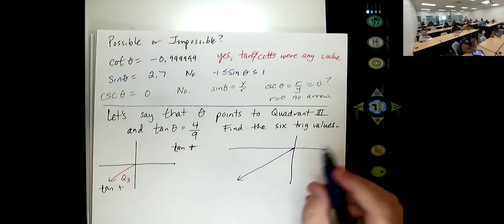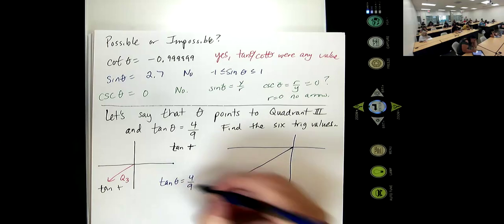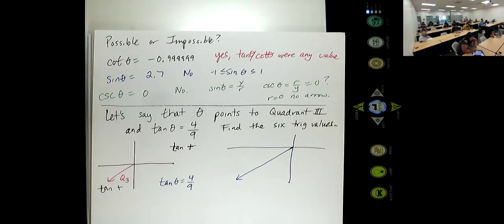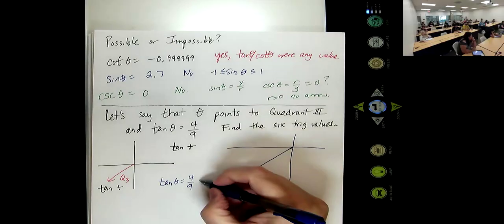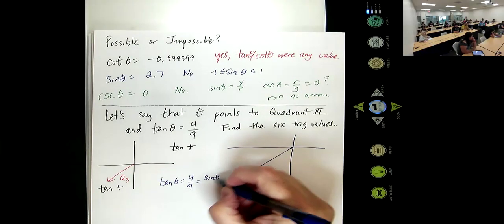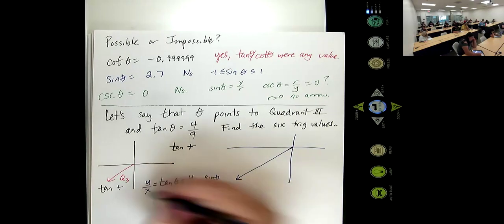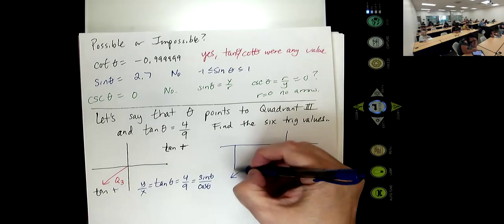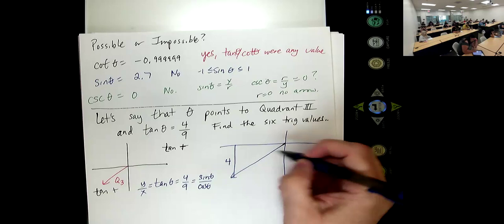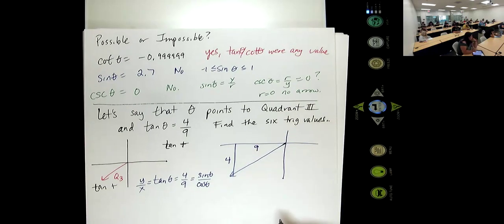I have tangent theta equals 4/9. Well, what does tangent theta equal in terms of sine over cosine? It's sine over cosine, but in x and y, it's y over x. So if I make this triangle here, this vertical distance is 4, this horizontal distance here is 9.